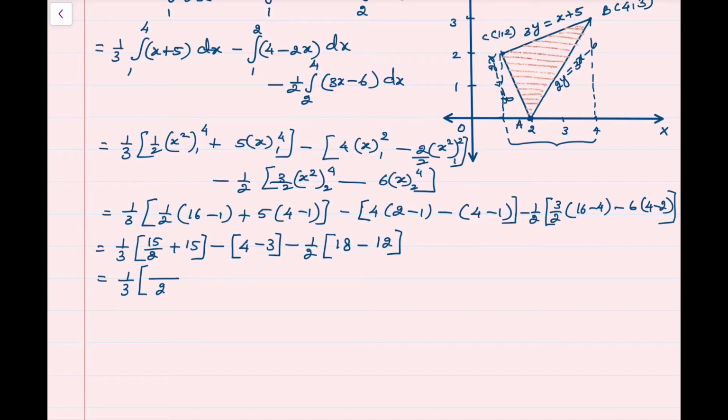One by 3 times 2 is the LCM, 30 plus 15 is 45. Minus 1 minus 6 divided by 2 is 3. 15 divided by 2 minus 4. 15 minus 8 divided by 2, which is 7 by 2 square units.